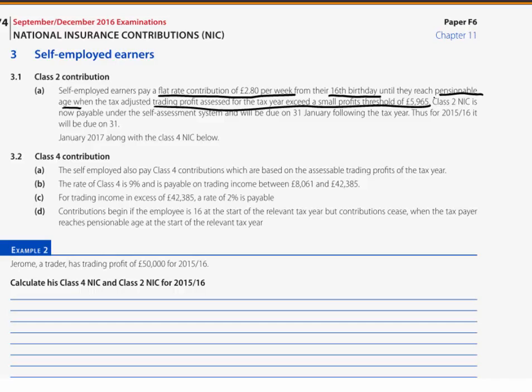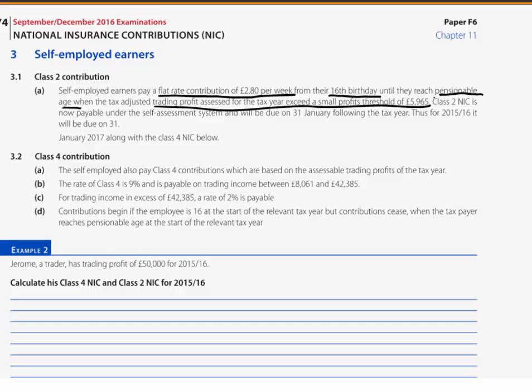Class 2 NIC is now payable under the self-assessment system. It used to be payable basically via direct debit during the tax year, but it's now payable under the self-assessment system. We see more of that in a later chapter, and if my memory serves me well, I think that's Chapter 15.